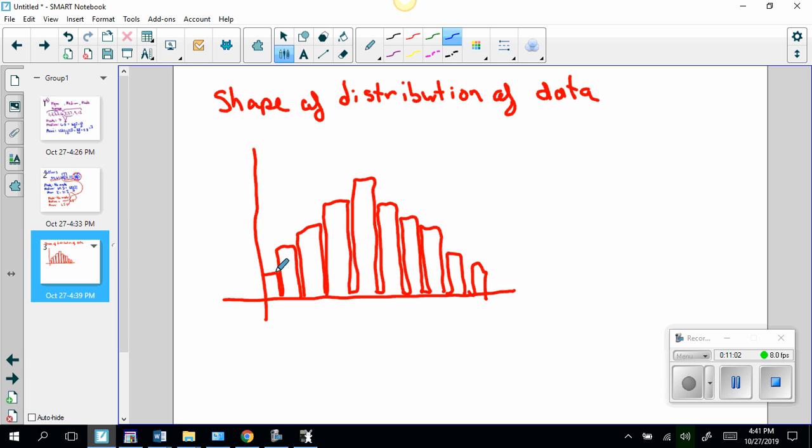But what you're going to do, and what I do, is when I do this, I just put dots in the center, and I just try to connect them. And they're going to have all sorts of different names and actual names for this. This is going to be called a normal distribution.